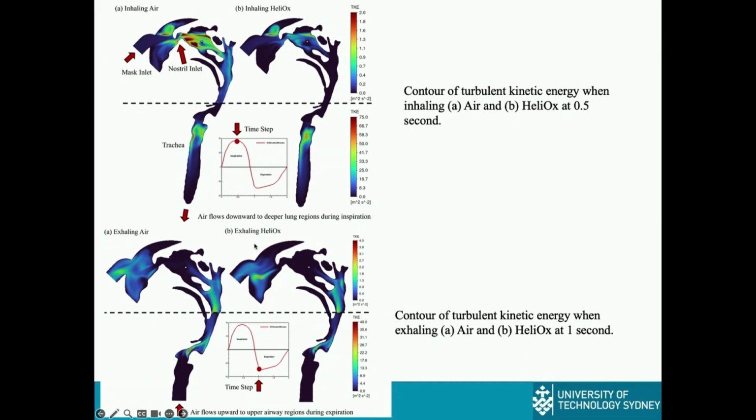This is for inhalation. For exhalation, with only air we have some higher value. We just observe higher value for Helox at 1 second. For exhalation it is a lower value and is very smooth. You can see that in the critical region it is very smooth, but here we have higher value.